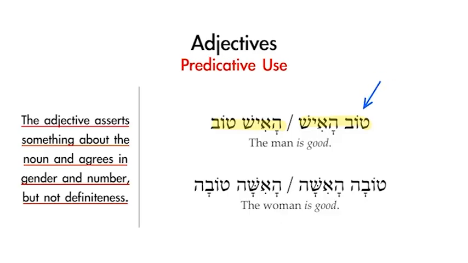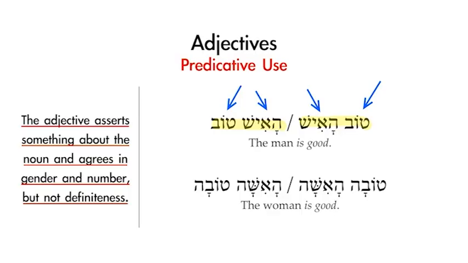The adjective tov in both instances here is masculine and singular, but indefinite. There's no article with it. But the nouns, ha'ish here and ha'ish here, are masculine and singular, but they have the definite article, which means that they agree in gender and number, but not definiteness. And it's that particular environment that tells you to render this particular adjectival use as the predicate.